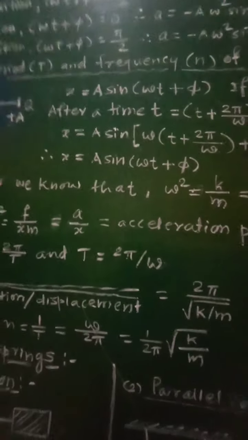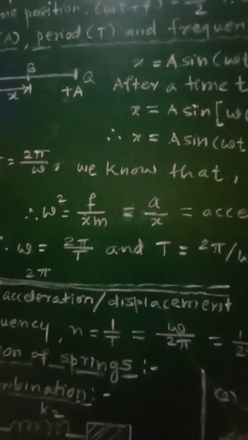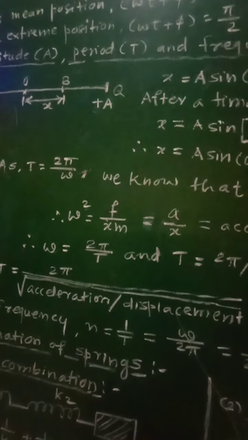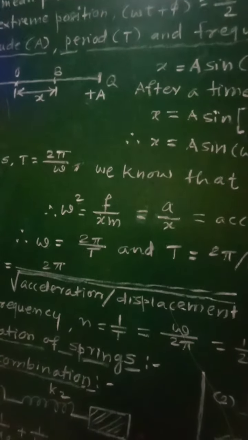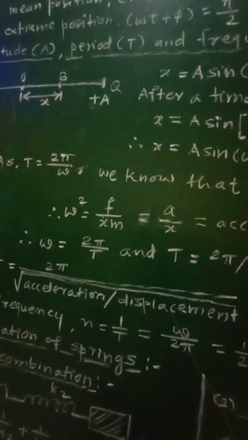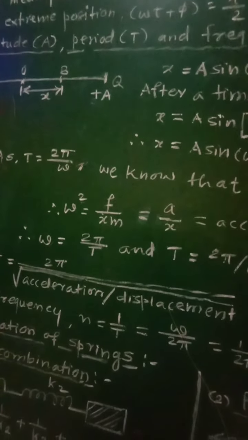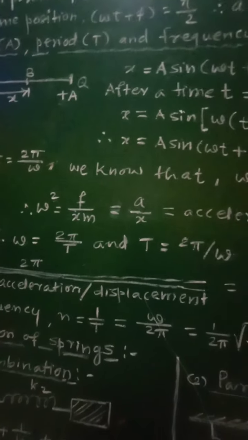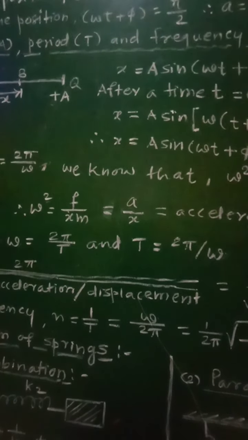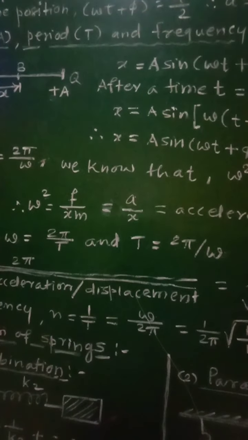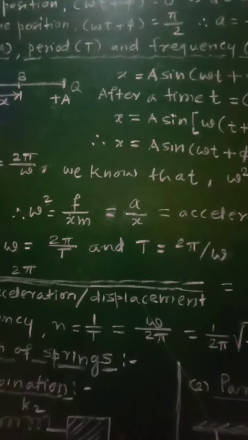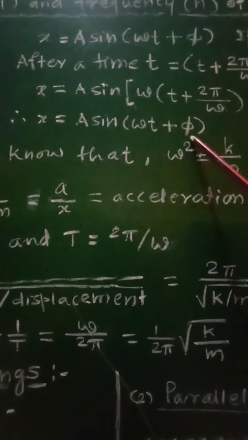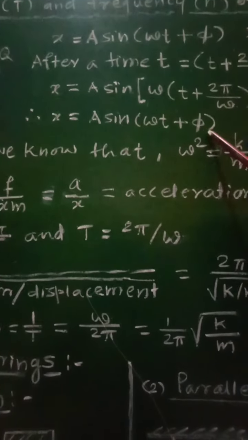Now let us consider the second term, that is period of SHM. The time taken by the particle performing linear SHM to complete one oscillation is called the period of SHM, denoted by capital T. Now we have the equation x is equal to a sin(omega t plus phi).